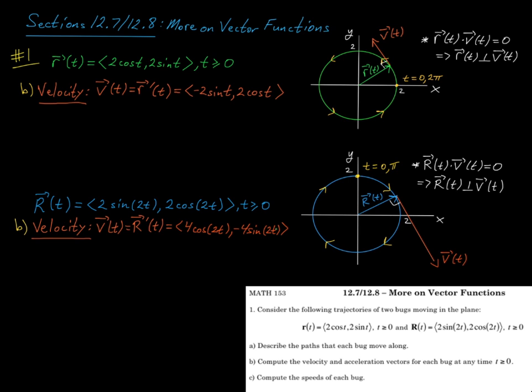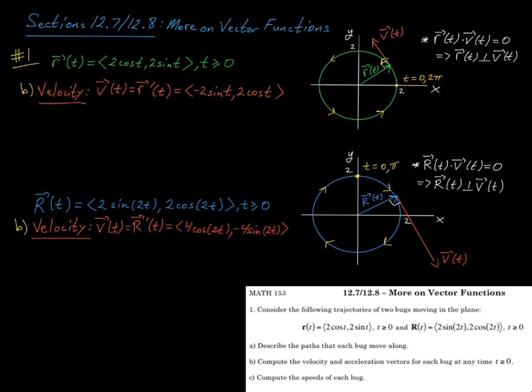Here, notice again the dot product is always 0, so the product of the i components is 8 sine cosine. The product of the j components is negative 8 cosine sine, and again we get that cancellation. So the position vector in blue and this velocity vector in orange are orthogonal.